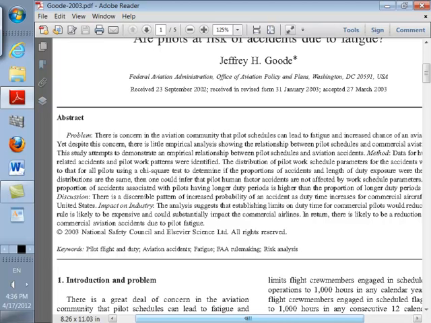There was a concern, and actually this concern flared here in the U.S. after the Buffalo, New York accident, where the Continental Express went down quite late at night, about 10:40. That accident could have been completely avoided.